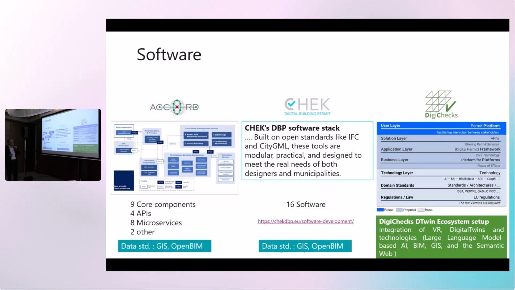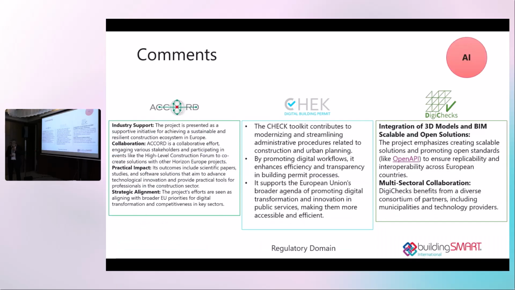We have 16 applications available from the Czech project, and in DigiChecks, as you said, you have to go to GitHub, to the very technical environment, and you can find some parts that are quite interesting, components for integration API, for integrating data from different sources. Okay, can go.